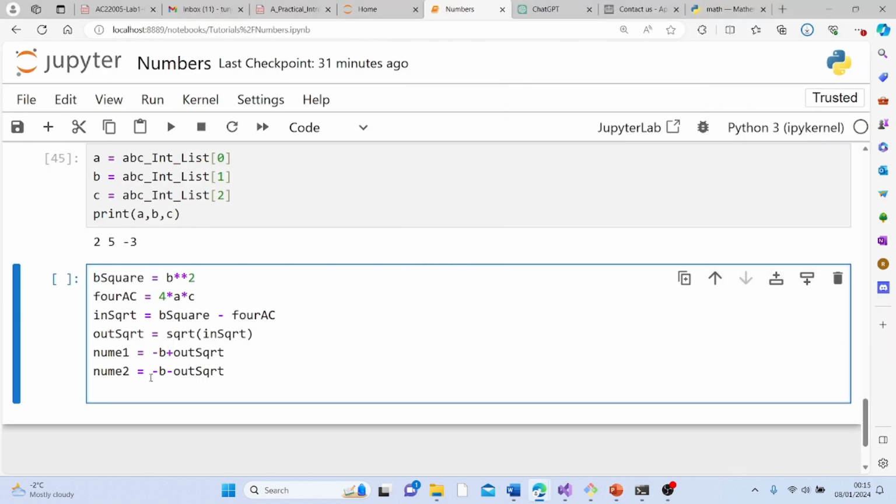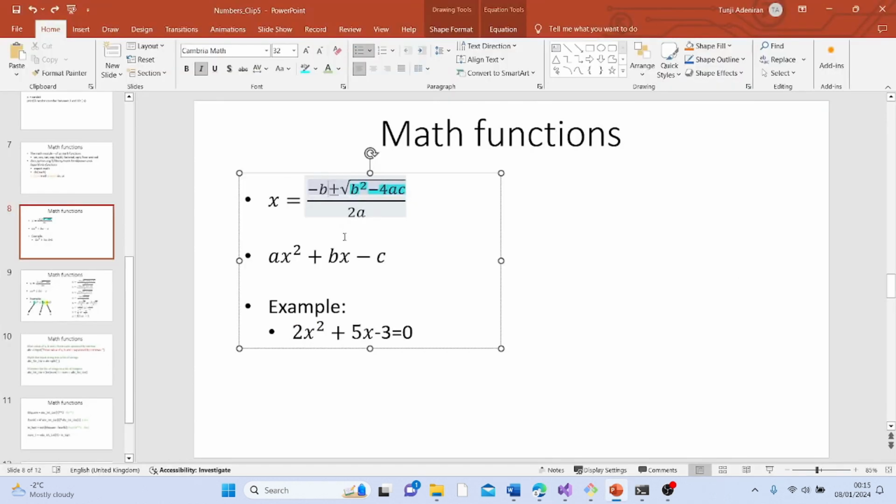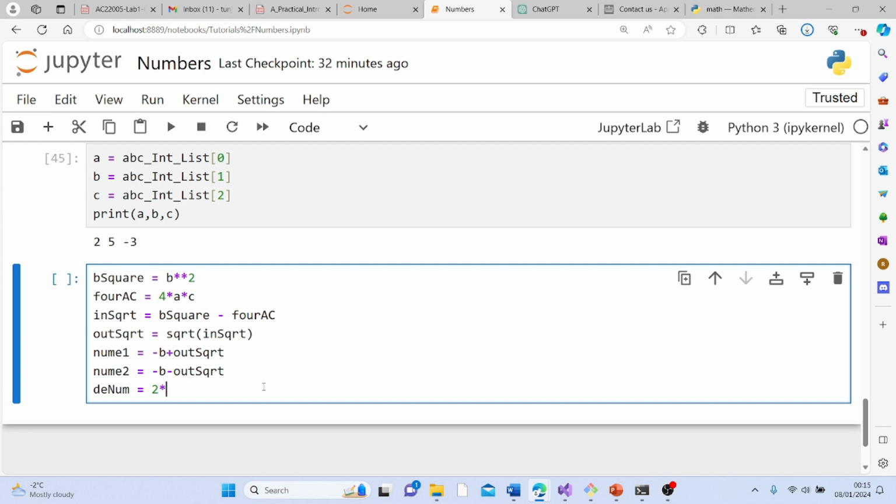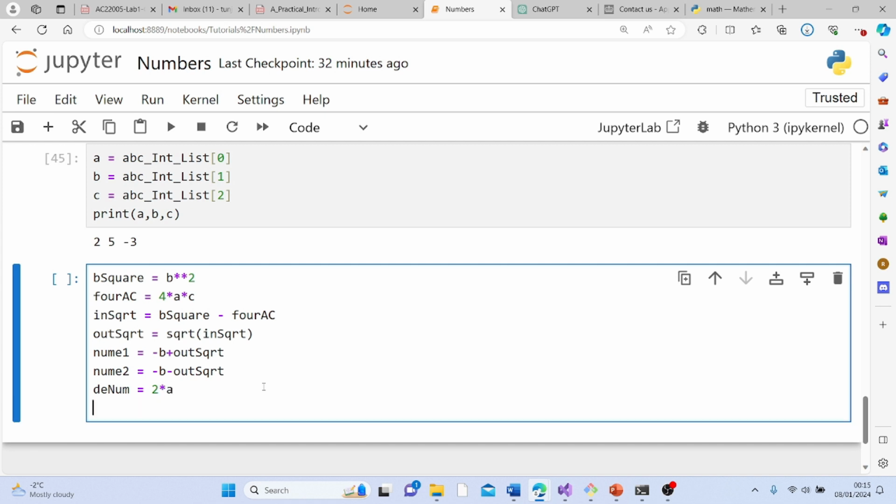And for the denominator that we have in the calculation, we have 2a. That's what is under here. The denominator is equal to 2 multiplied by a. And now the answer. So we will have two roots here.